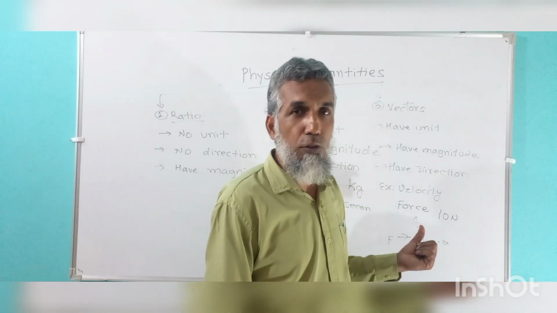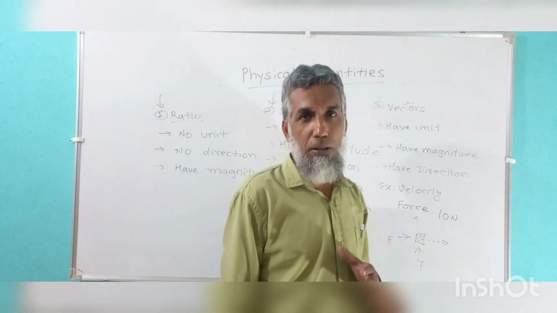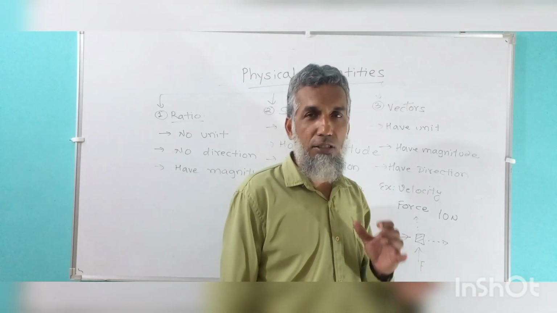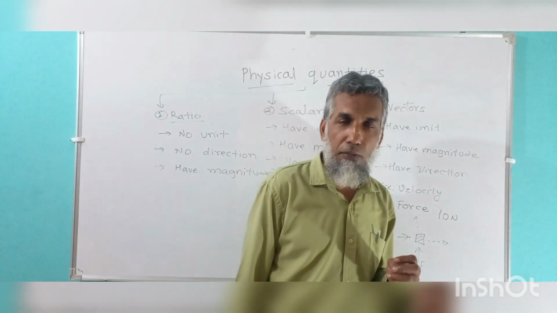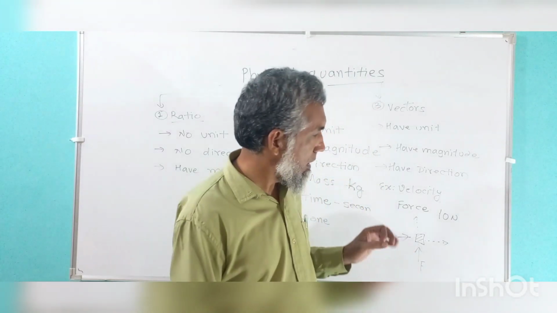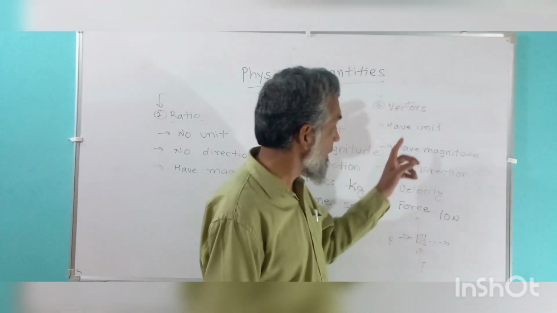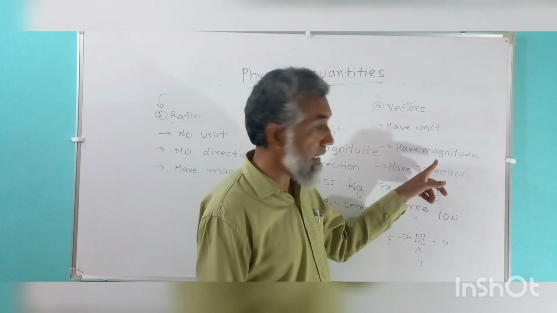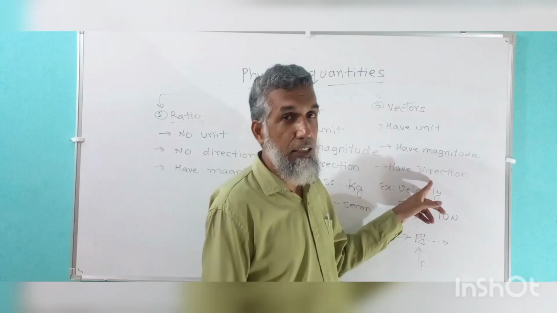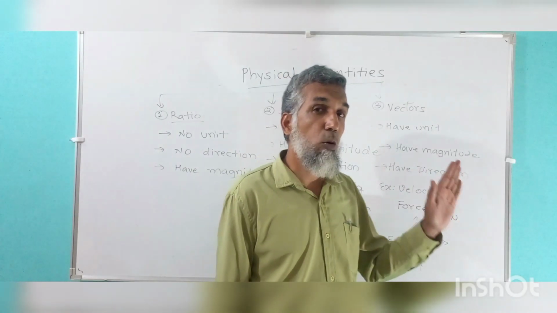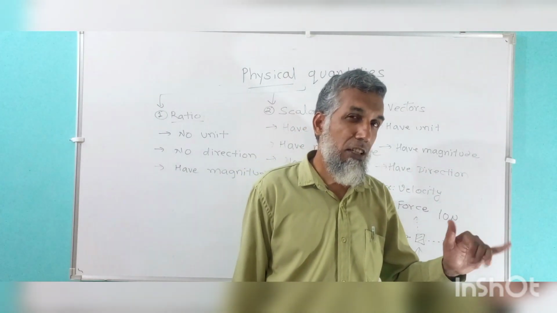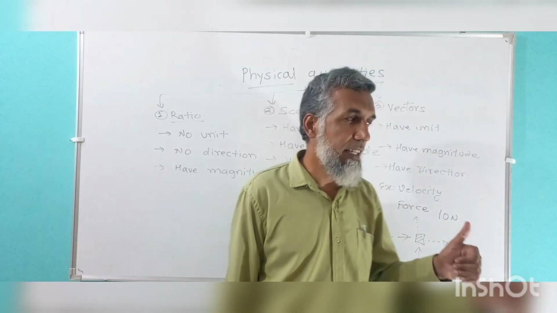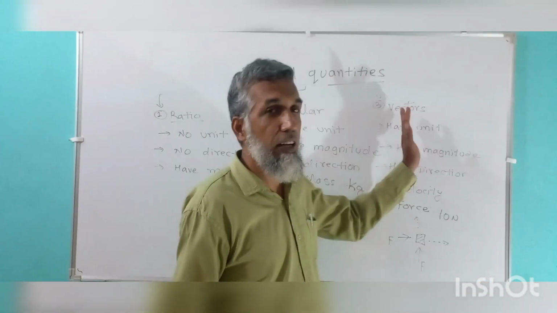It has to follow vector algebra, the vector law of addition. So if a quantity has a unit, magnitude, and an assigned direction, but does not obey the vector law of addition, then that quantity is not a vector quantity.